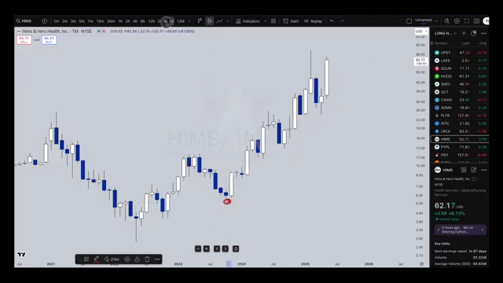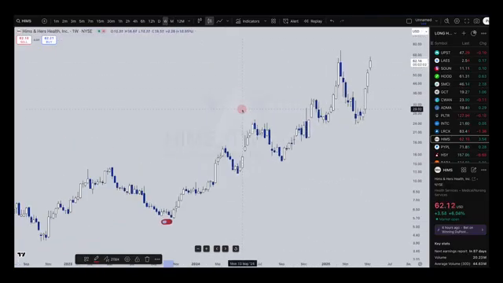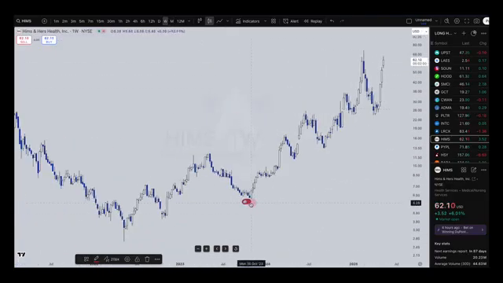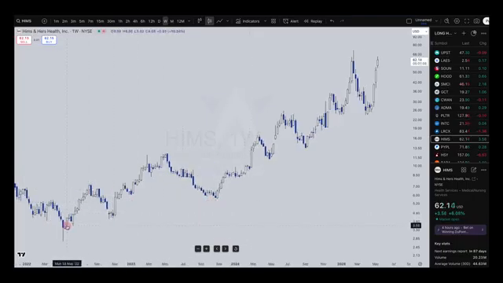So if we drop to the weekly time frame on this chart, you see that the market has been making a bunch of swings: expansions, contractions, expansions, contractions, and so on.